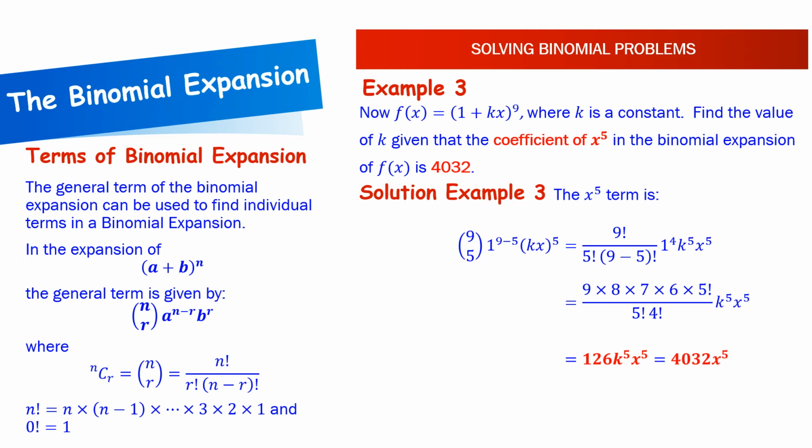And of course, as given in the question, the coefficient of x to the 5 is 4032. So we can now start to calculate the value of k to the power 5. So 126 times k to the power 5 is equal to 4032.